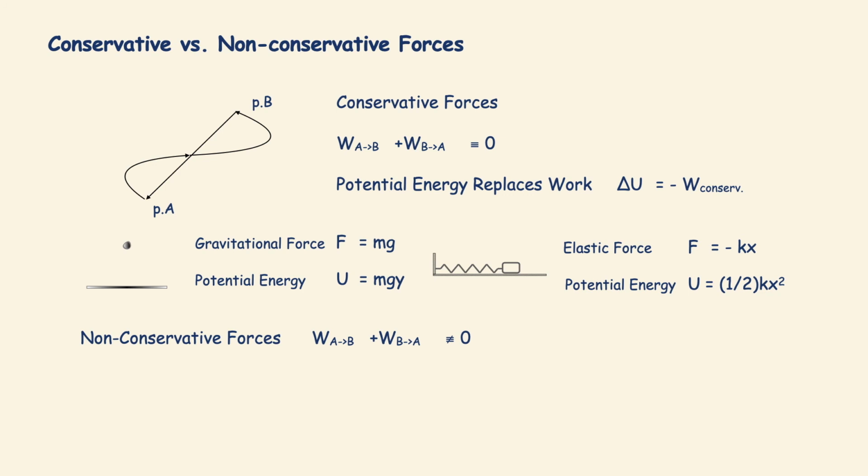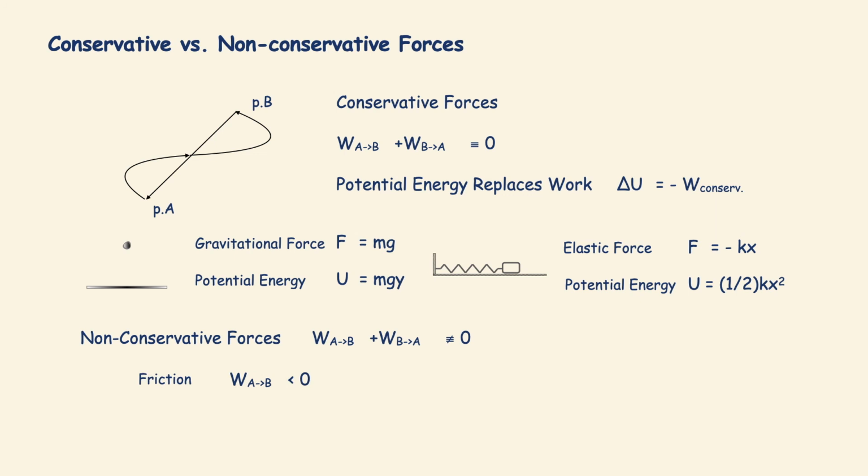For those non-conservative forces, you can go from point A to point B and calculate the work of that force, and then you can come back from B to A and calculate the work of that force, but it will not add up to zero. Even if you very carefully backtrace your path, it will still not add up to zero. In other words, you cannot cancel their effect.